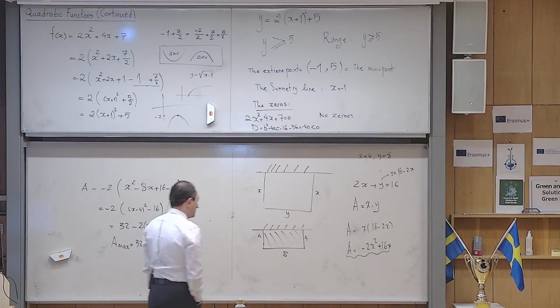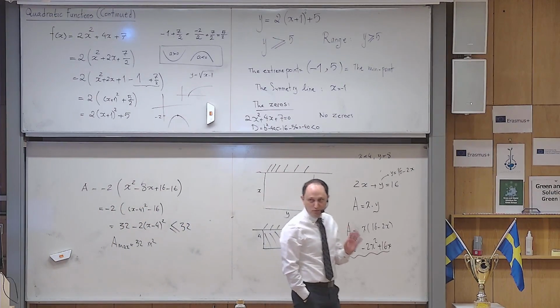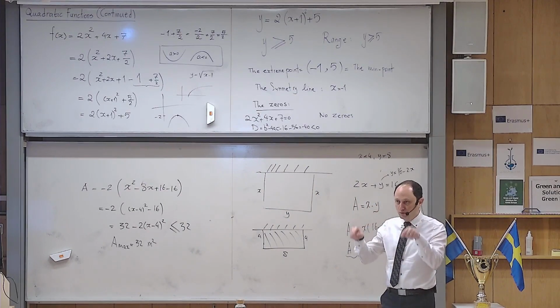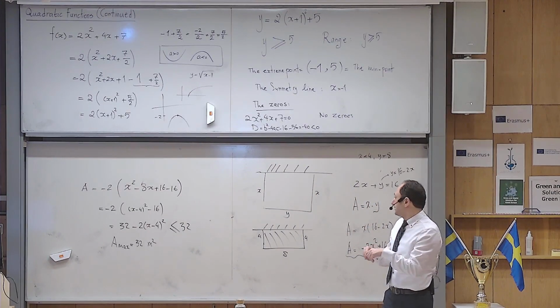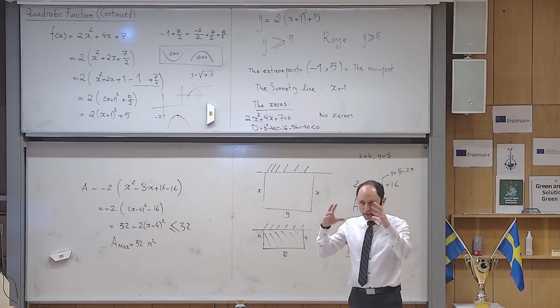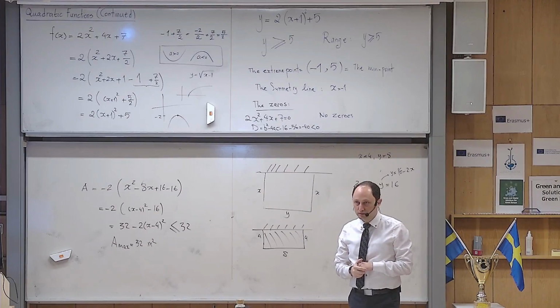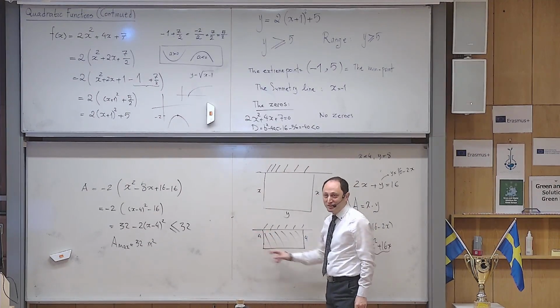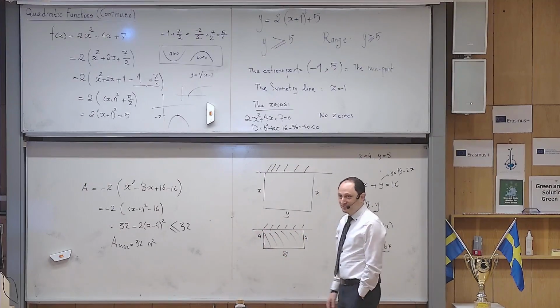Yes, I know what you are thinking about, because there is a famous rule. If I have a quadrilateral with a fixed perimeter, the square has the biggest area. But no, because this is three-sided. This is not a quadrilateral.